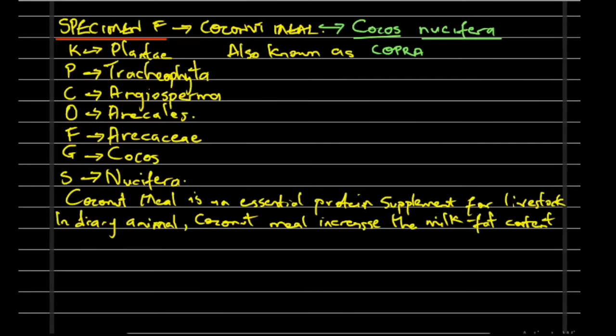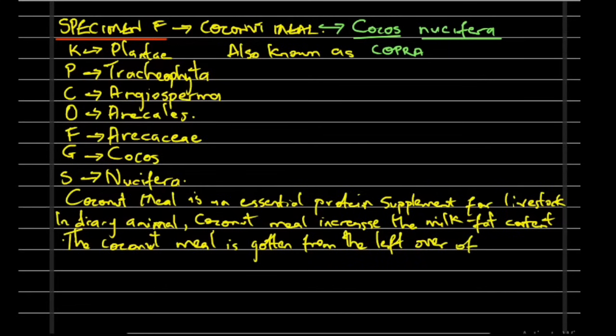It is also called copra, and this particular substance is gotten from the leftover of the coconut extract after the oil has been extracted from the coconut, that is, from the endosperm of the fruit itself. That is when we have the coconut meal.